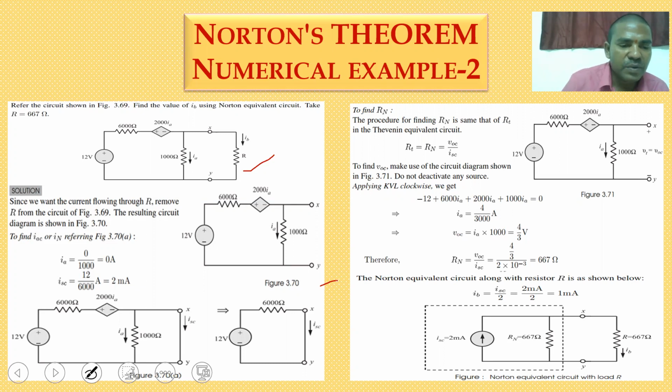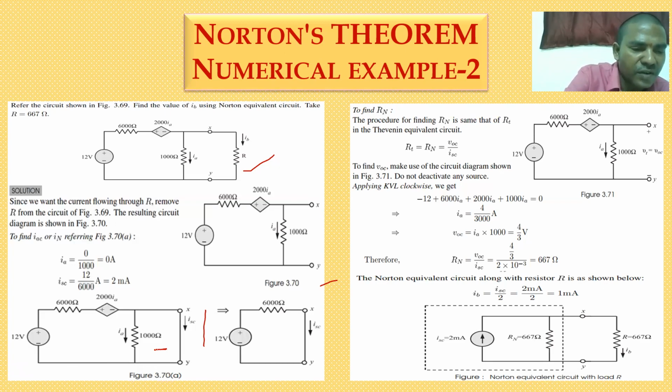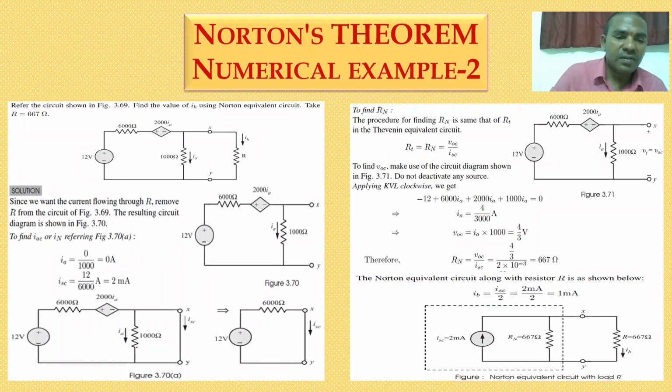Then the ISC value. What is your ISC value? The ISC value is 12 divided by 6000. Why? Because IA is the current flowing through this 1000 ohm resistor, and it is directly short circuited, so no current will flow through this circuit.